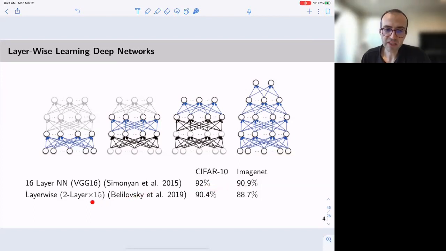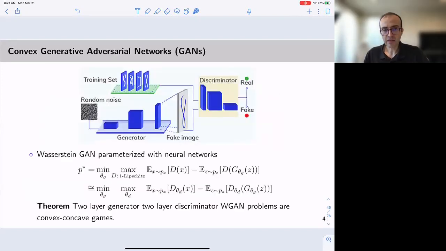If you train them layer by layer, using non-convex optimization, people show that you get comparable accuracy. So one way forward is actually you use convex programs, and then you build your deep neural network single layer at a time or 2 layers at a time using the convex program. That's one option. Another option is actually you can train jointly 2 layers. I will show you 2 or more layers, 3 layers, 4 layers. It is also possible with convex program, but there is an issue. I will talk about that.